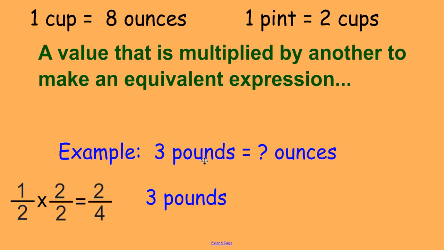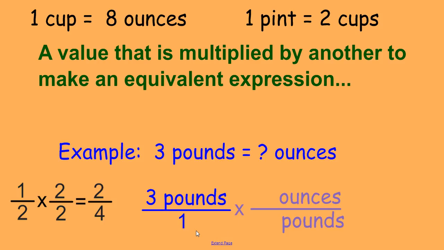So in our example, converting 3 pounds into ounces, we need to write 3 pounds as an improper fraction first, and then we need to multiply by a conversion factor. Notice that the pounds is on the bottom and the ounces is on top. This allows us to cross out or cross cancel pounds.